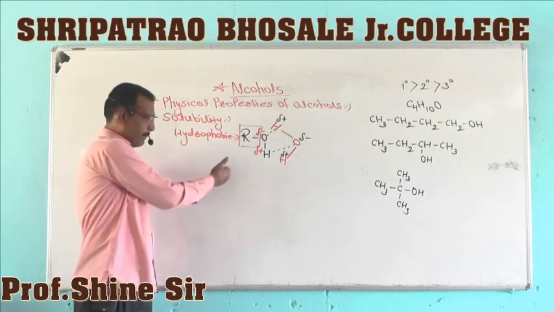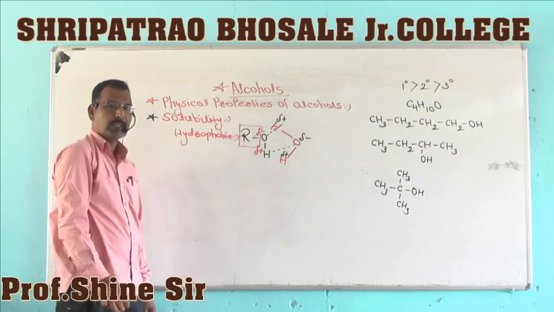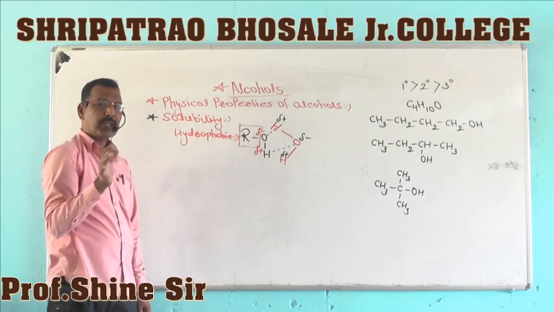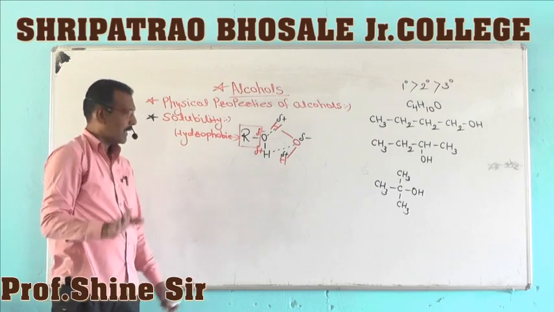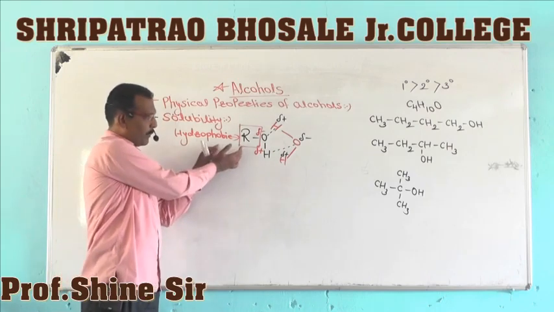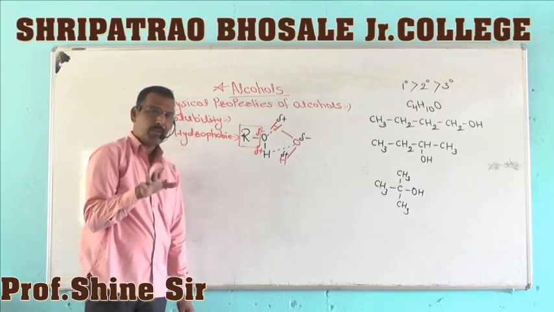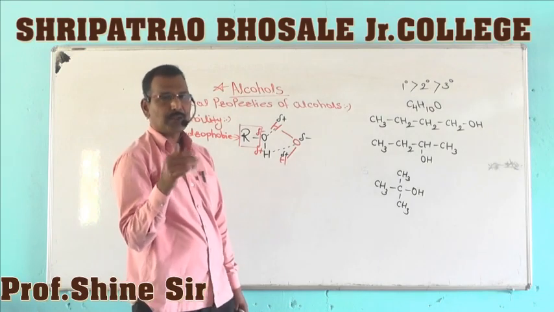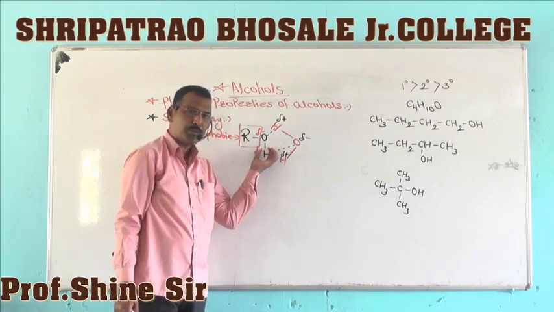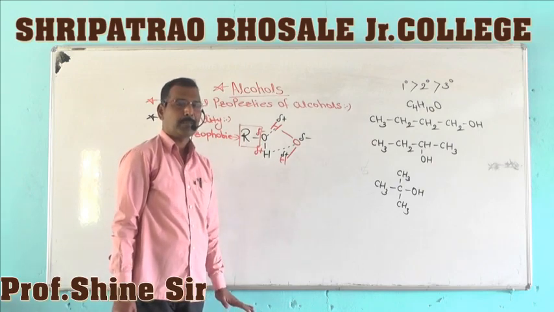That means methyl alcohol, ethyl alcohol, n-propyl alcohol: the carbon chain increases. Does the hydrophilic part, the number of hydroxyl groups, increase? No. The hydrophilic part does not increase, only the hydrophobic part increases. Therefore, as the molecular weight increases, solubility decreases. If the hydrophilic part, that is the number of hydroxyl groups, increases, then solubility will also increase. Is it clear?